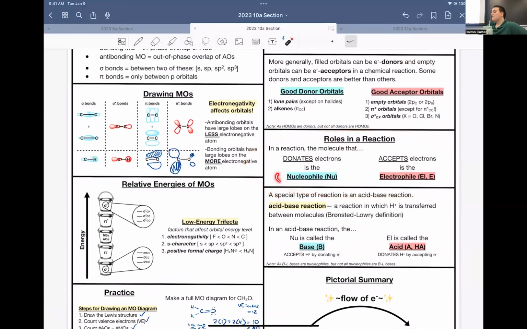Now, a specific type of nucleophile is a base. A base is a nucleophile that donates electrons and in return gets a proton. An acid is an electrophile that accepts electrons and in return gives up a proton. Those definitions of acid-base things might feel a little bit weird at first. I think the general thing to know is base is a type of nucleophile, acid is a type of electrophile.